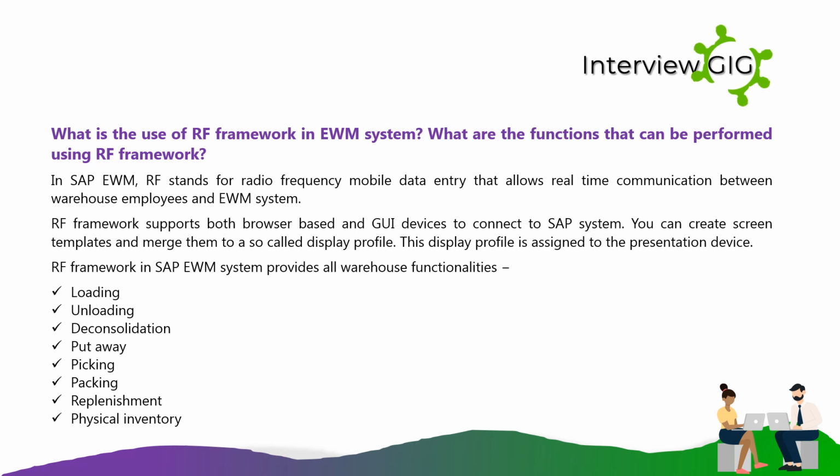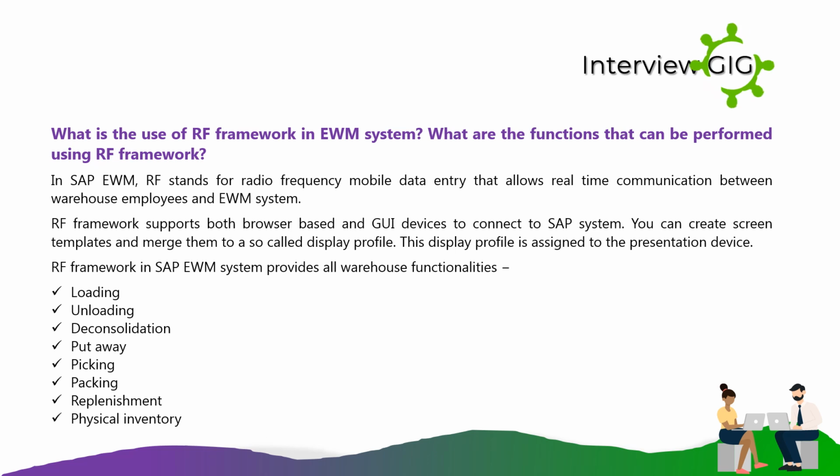What are the functions that can be performed using the RF framework? In SAP EWM, RF stands for Radio Frequency Mobile Data Entry, which allows real-time communication between warehouse employees and the EWM system. The RF framework supports both browser-based and GUI devices to connect to the SAP system. You can create screen templates and merge them into a so-called display profile.